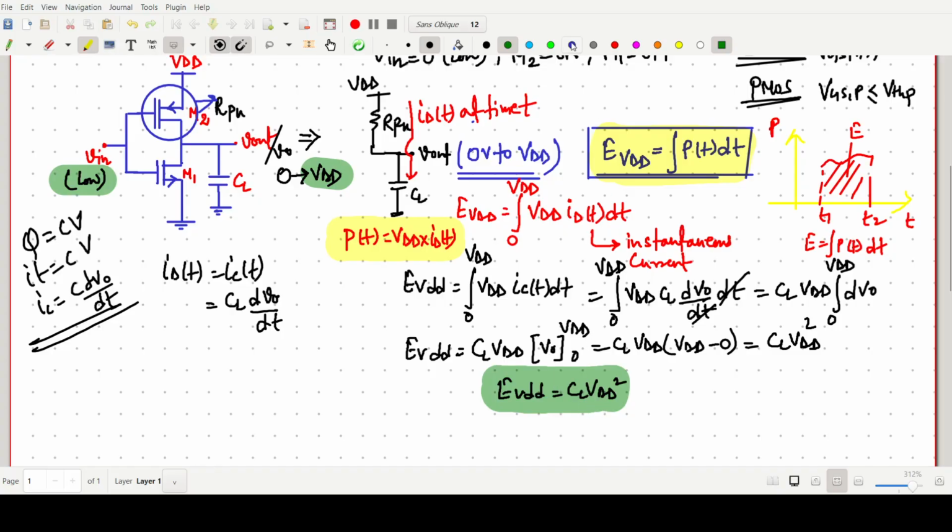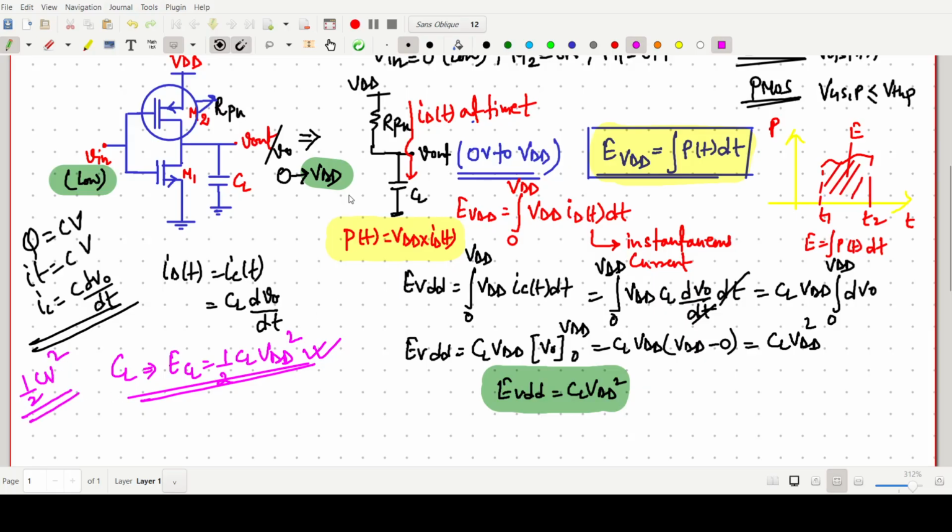Now we have to find how much energy that capacitor CL stores. So CL basically stored how much energy? Energy across the CL will be half CL VDD square. I think from 12th standard we are going through this type of formula. Half CV square, the energy.